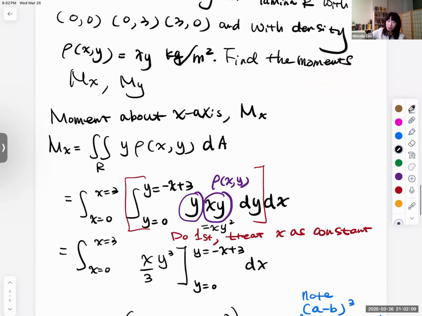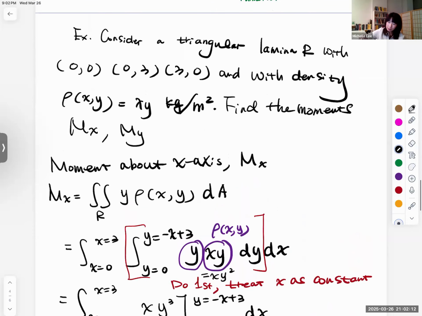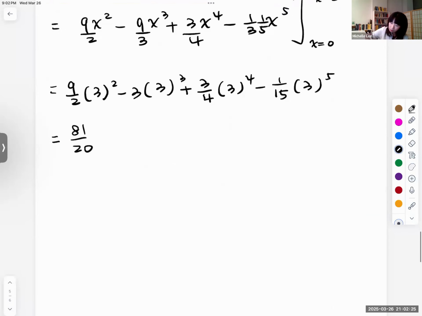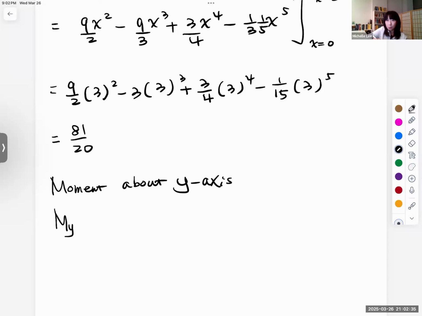Let's do moments about the y-axis. So we have a formula: double integration of x times the density function. Let's do it. The moment about the y-axis, we denote m sub y, equals the double integration region of x times the density function dA.